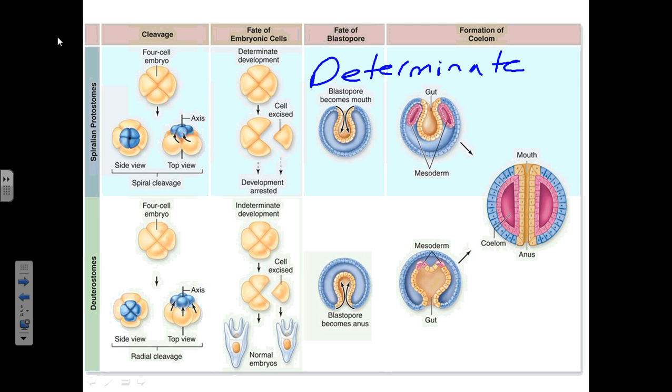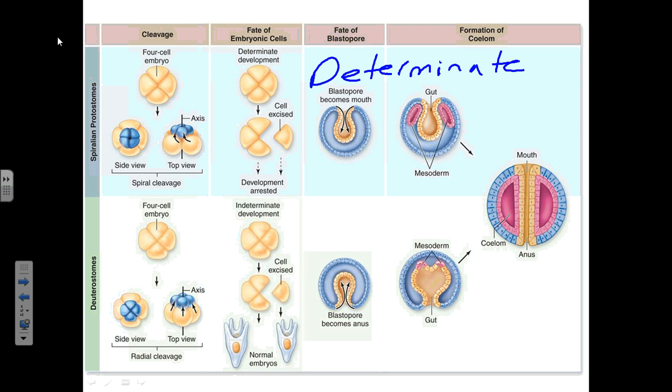What do you think determinate means here? What's already been determined right after the cells divide initially? What they're going to be. What they're going to be when they grow up. And how does the fate of a cell get determined? Methylation of the DNA, right?